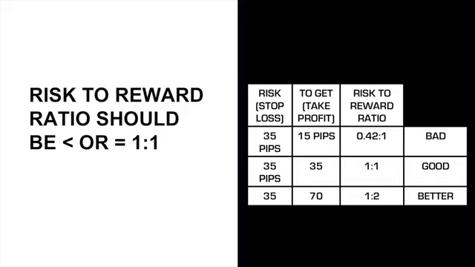I've done this. I got burnt. Don't do that. Certain pairs only move a certain amount per day. GBP JPY, that sucker moves crazy amounts, so you can expect a higher risk to reward ratio on that one. But a pair like NZD USD or USD JPY moves very chill, like 35 at a time. So don't try to set a very high risk to reward just to show that you have a high risk to reward. It's all about what you recoup.